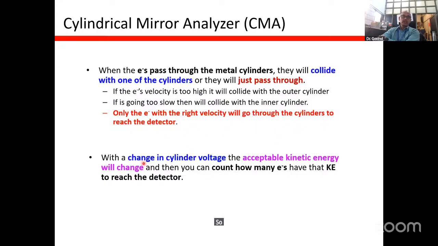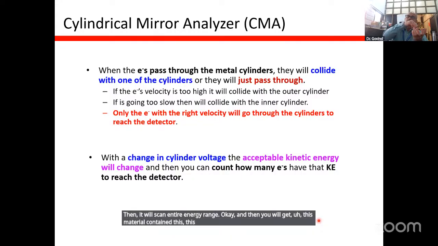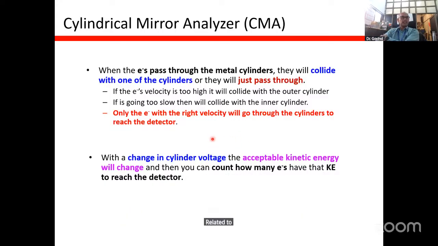So as the cylindrical voltage changes, the acceptable kinetic energy will also change. So we can have an entire scan on the sample to get the kinetic energy. If you have multiple compositions in your sample, it will scan the entire energy range, and then you will get that this material contains this element, because the scan will give the peak related to that particular element.